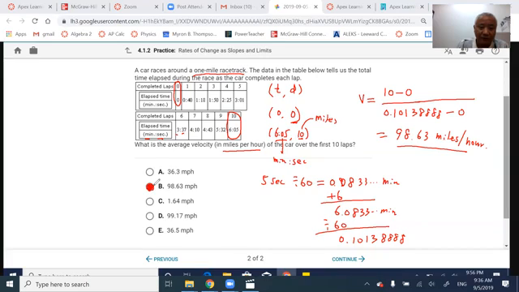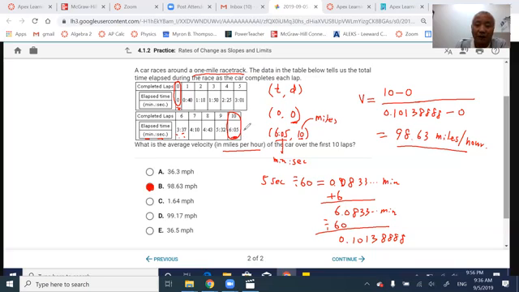Okay, let's recall what we did for the whole thing here. At the beginning, they gave you this table. We analyzed how to read the table. This is the minutes, this is the seconds, and we find at the beginning 0, 0, that's the starting point. Time is 0, the lap is 0. And then 10 laps later, the time is this. Because you are finding the average velocity in between this one and this one.